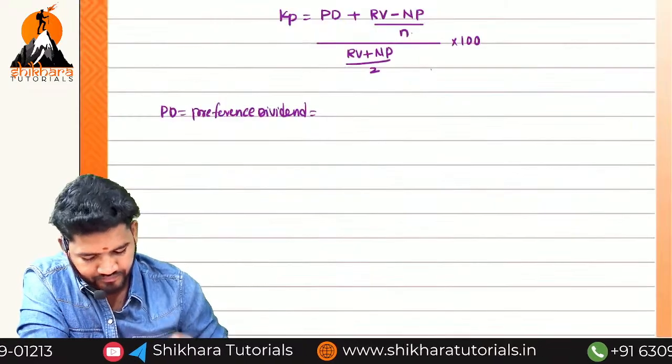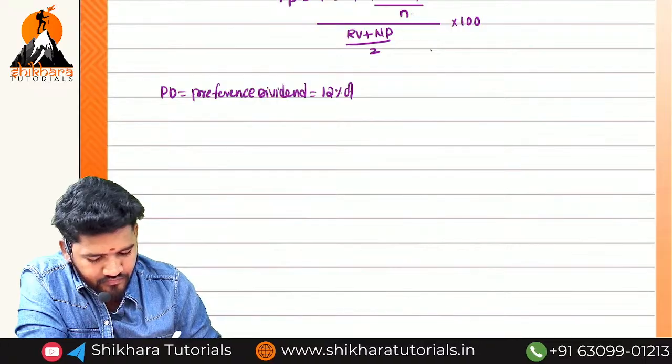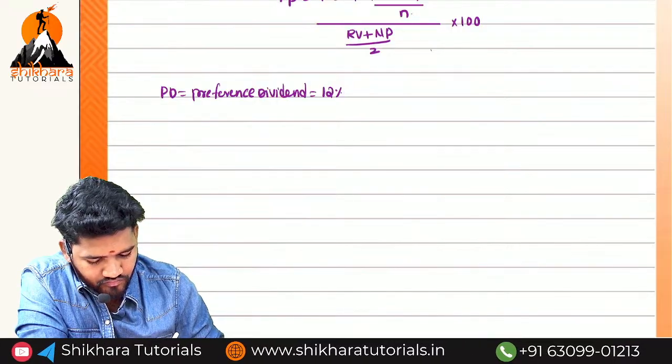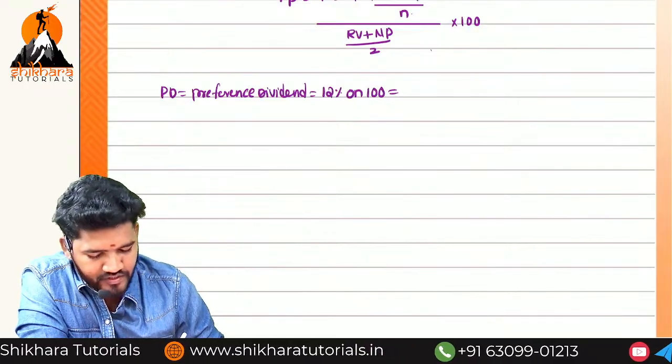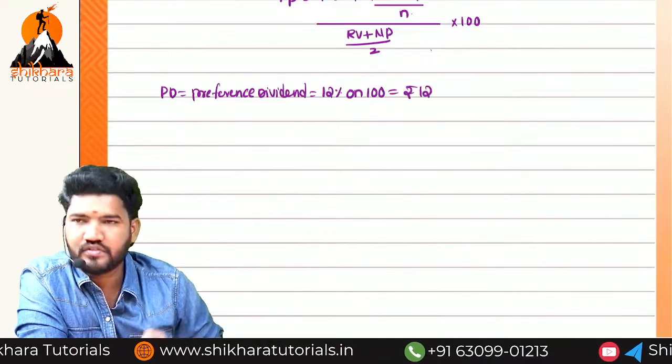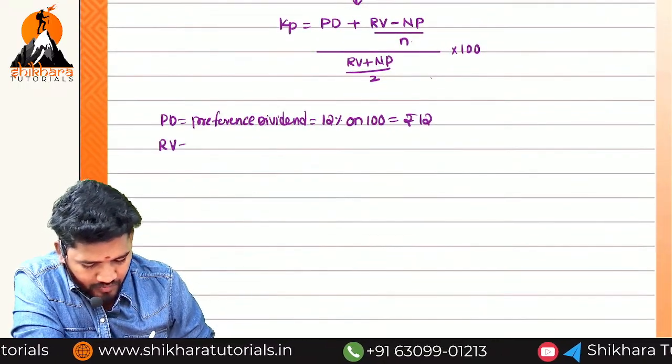Now see, 12% on 100 rupees. Per share 100 rupees only, na. Now how much is the preference dividend? 12 rupees. Next, repayment value is wanted.